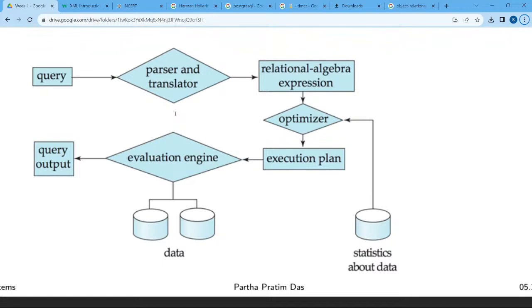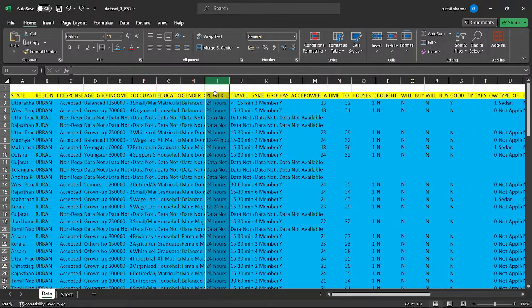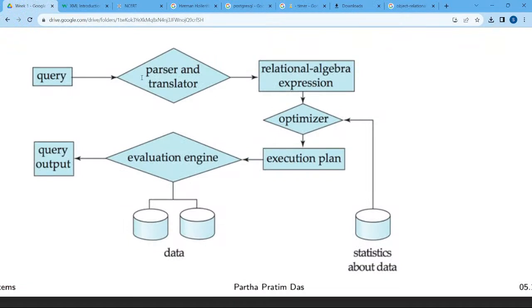So a query is basically DML, data manipulation language. Once a query is submitted, let's say I submit a query to remove this power group. What would happen is the query would first get translated through the translator into a relational algebra expression, something like plus, minus.